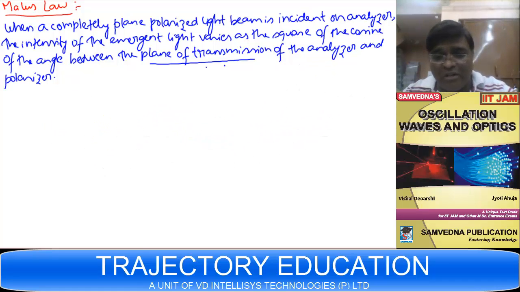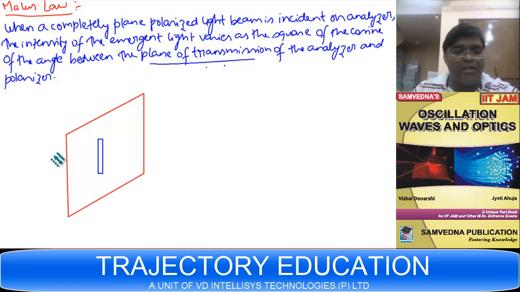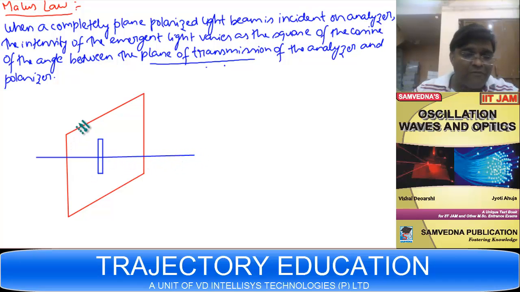Suppose I have a polarizer over here. Let me draw a path axis. Suppose the path axis is vertical. Now light emerging from this, say this is your incident light.